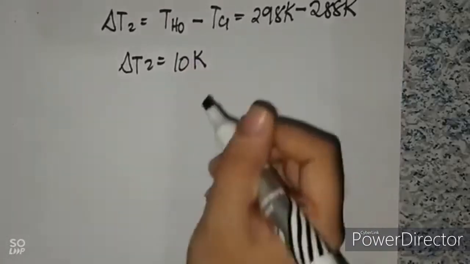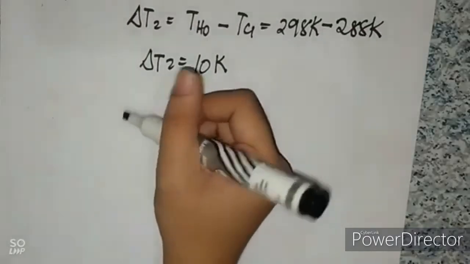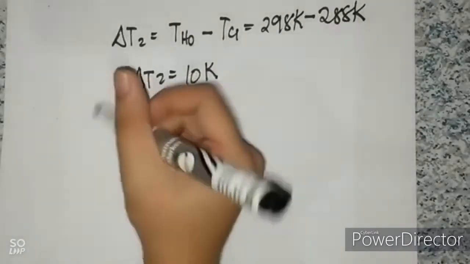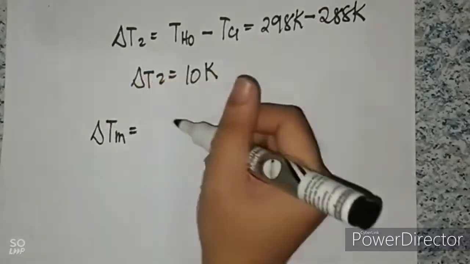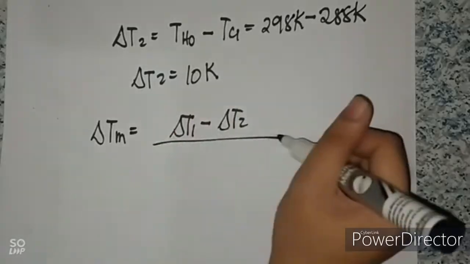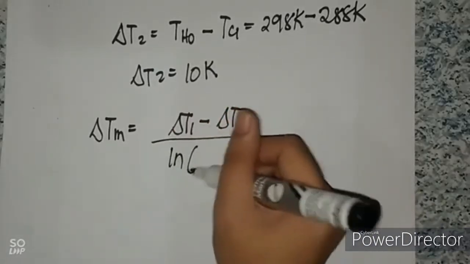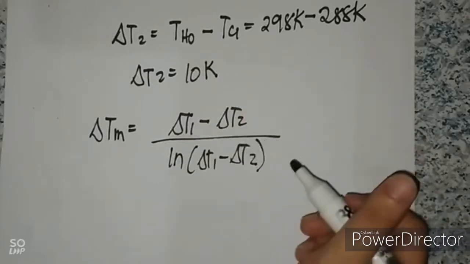Now we will calculate the LMTD, or the log mean temperature difference, delta Tm. That equals delta T1 minus delta T2 over Ln of delta T1 over delta T2.